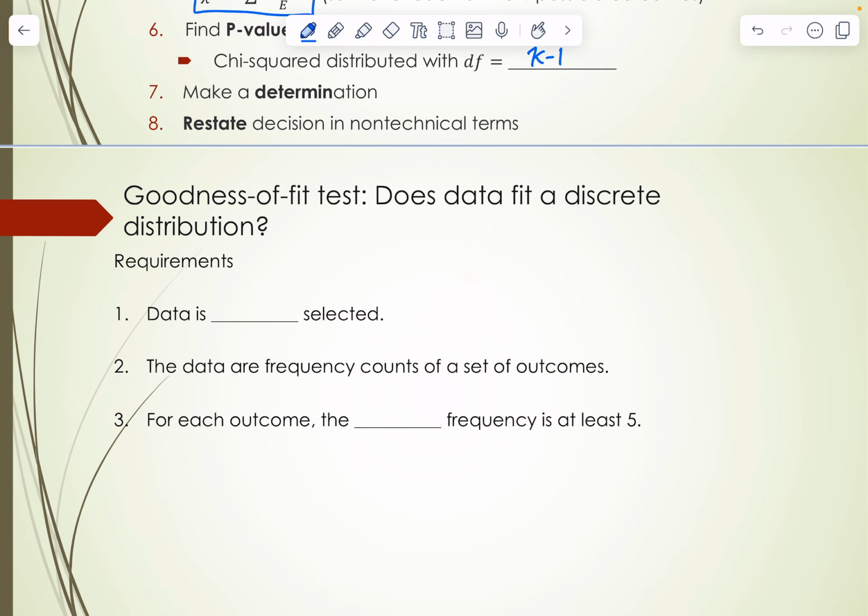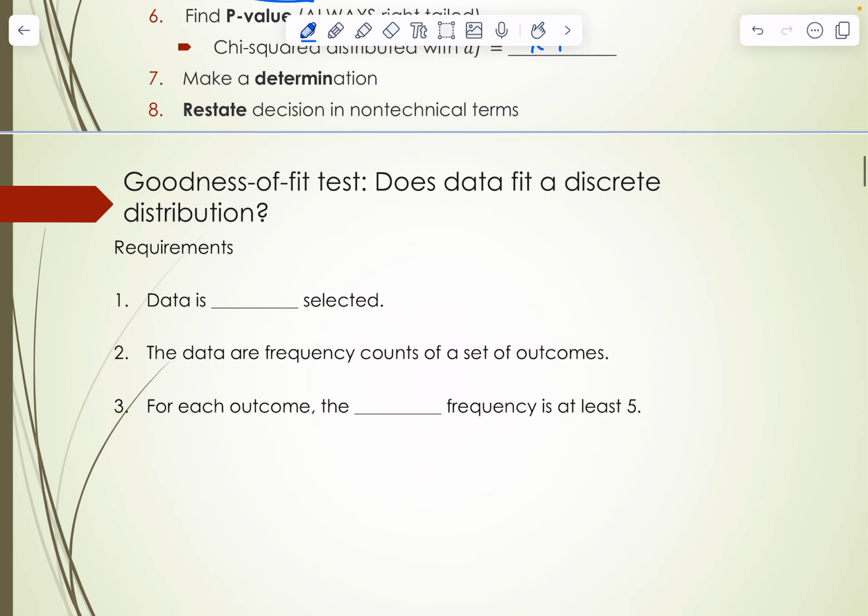There are requirements that ought to be met before you proceed. Make sure that the data is random. You have no guarantees about the theory to follow, the conclusions to follow, if the data is not randomly selected. If it's very biased, if it's very poorly collected data, then the theory that we're going to discuss won't apply.